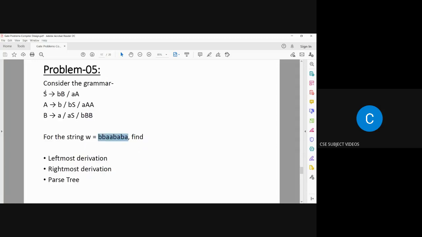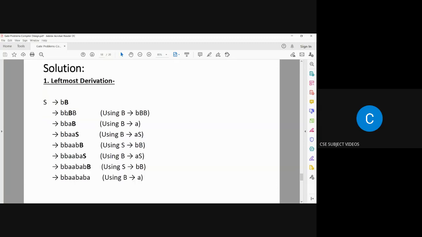First we take the production S derives terminal B, non-terminal B. So leftmost derivation means from left to right. We have to derive the leftmost non-terminal to terminal.